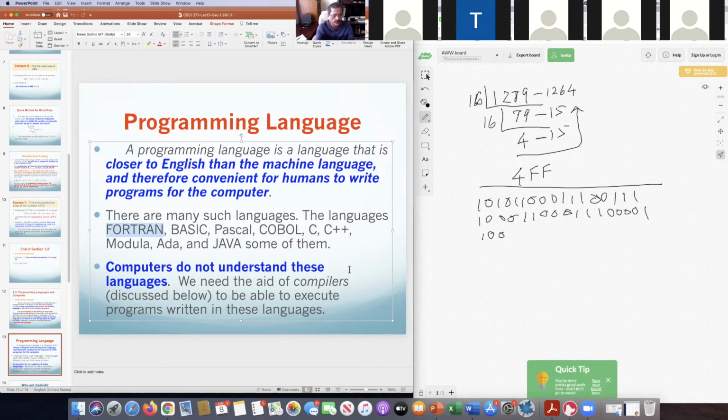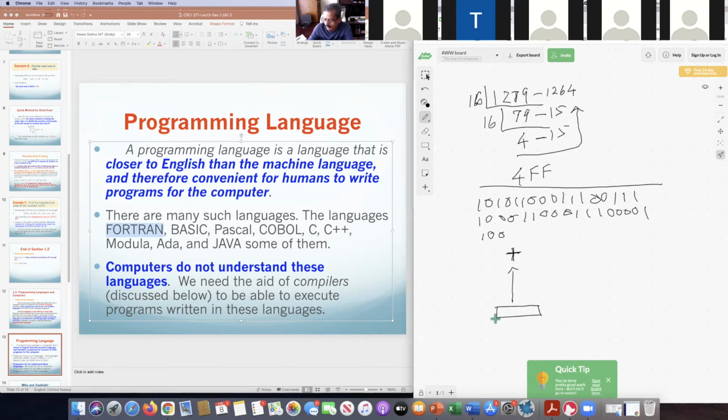So for example, if I write a C++ program to add two numbers, we use the symbol plus. Then the plus will correspond to a certain code in computer machine language. So you can design a program that will translate the plus to that code.